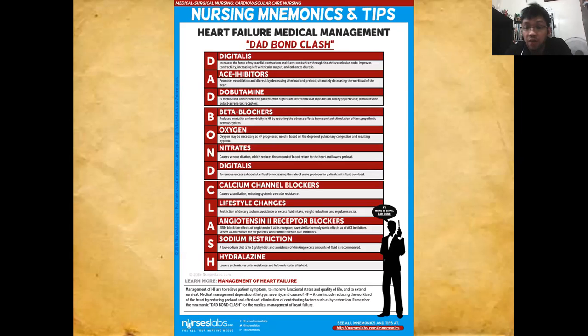But if you give angiotensin 2 blockers, they will block the angiotensin 2 and will have the same hemodynamic effect as the ACE inhibitors. So they serve as an alternative for patients who cannot tolerate ACE inhibitors.